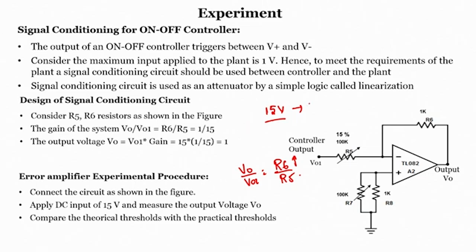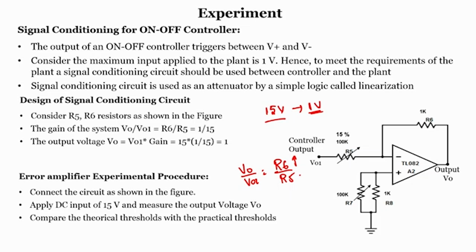The reason is the plant can only withstand a maximum value of 1 volt, and 15 is the maximum voltage that we are getting, right. So, 15 volts has to be converted to 1 volt. How do we do that? In order to do that, we have to use an attenuator. In this case the gain of the system should be 1 by 15.